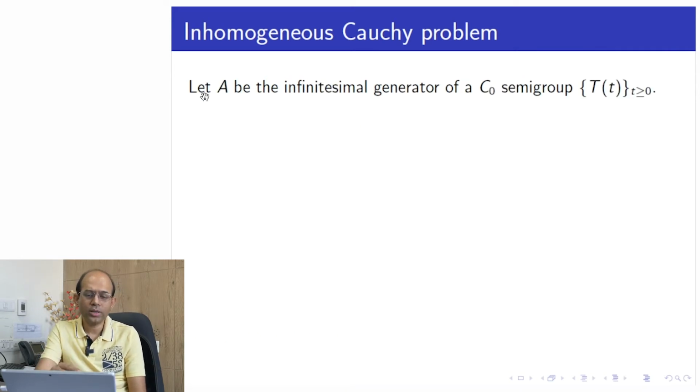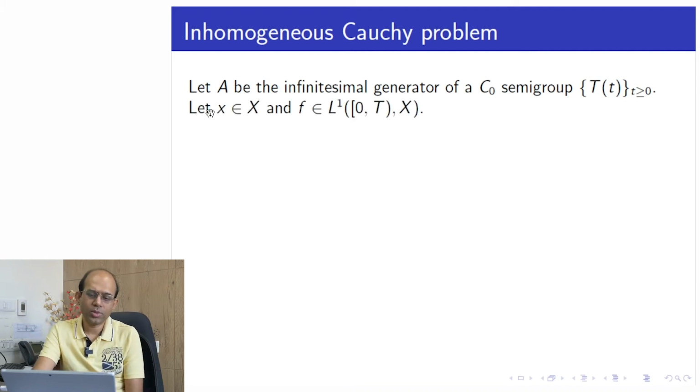Now we assume that A is the infinitesimal generator of a C0 semigroup. It need not be the case. Given any IIVP, the operator which appears on the right-hand side need not be the generator of a C0 semigroup, but we are considering the special case where A is the infinitesimal generator of a C0 semigroup.